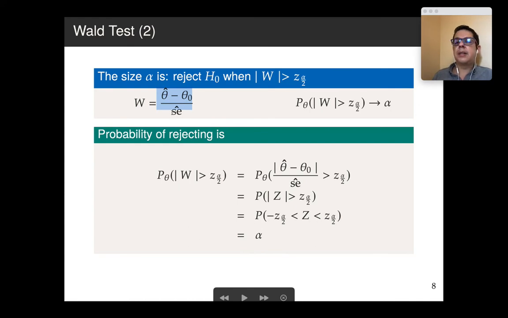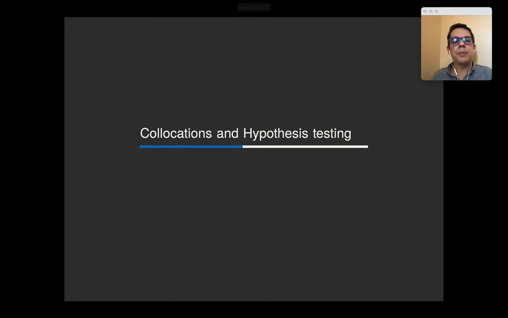If the absolute value of this equation is greater than this, then we can reject the null hypothesis with a confidence given by the significance level. So alpha could be 0.1, 0.01, and so on. The same reasoning that I made a few minutes ago about how to reject the null hypothesis is valid for this one.